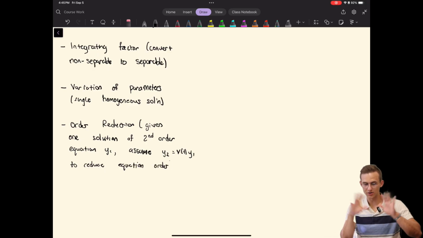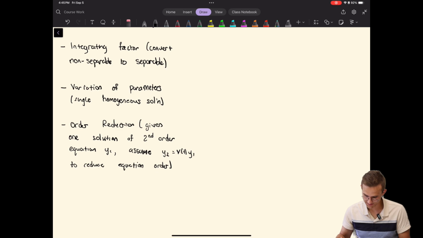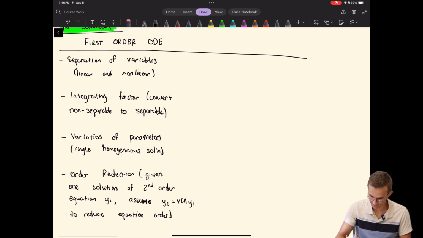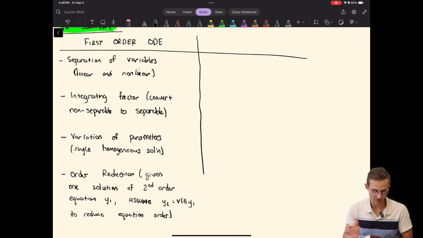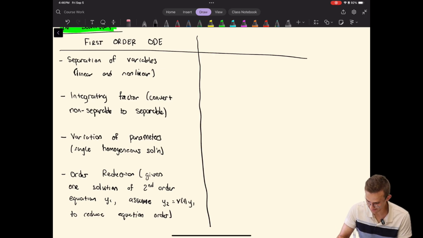That's the entire method in a nutshell. Okay, even though we didn't cover it, that's really all you do. You just make that assumption and plug it in, and then you'll end up with a first order equation left over that you should know how to solve, or that you likely will know how to solve.